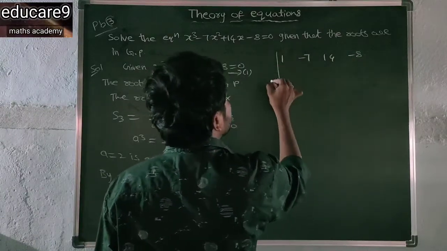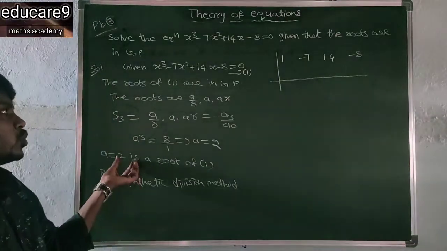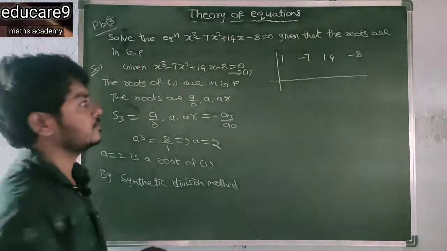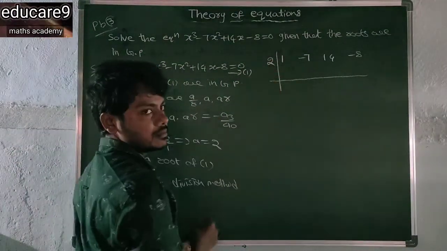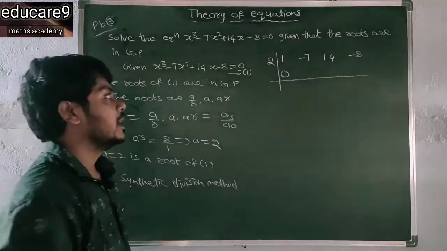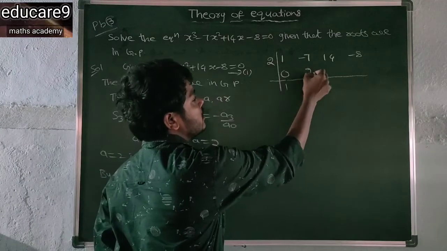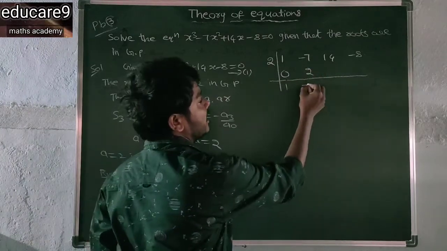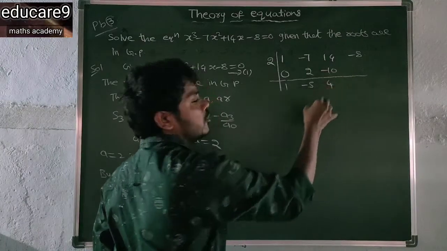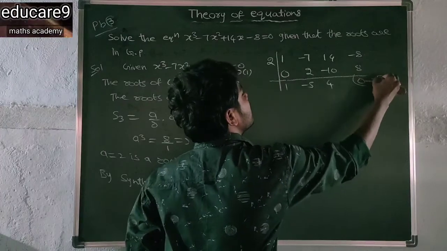Draw a vertical line and a horizontal line and write the root 2 to the left of the vertical line. Put 0 in first place and add, you get 1. So 1 into 2 is 2. Add these two, minus 5. Minus 5 into 2 is minus 10. Add, 4. 4 into 2 is 8. This becomes 0.